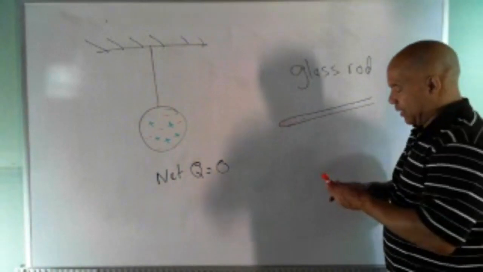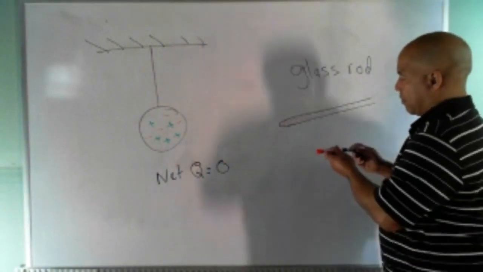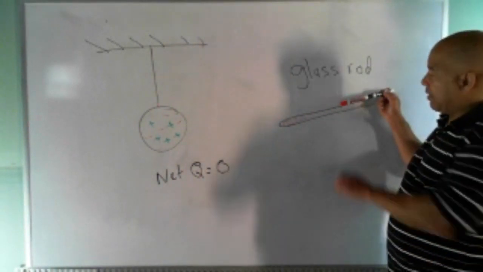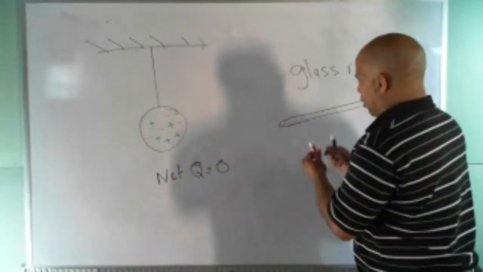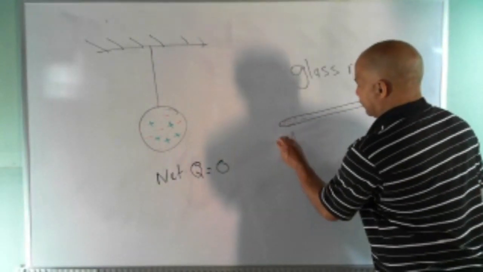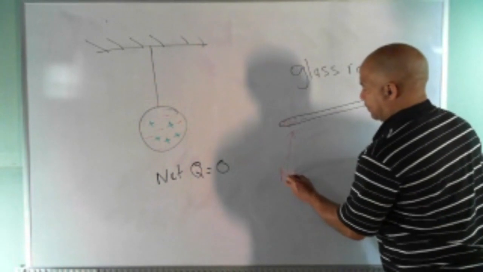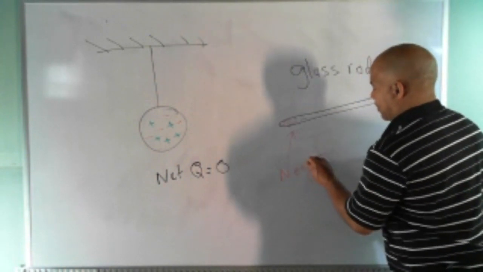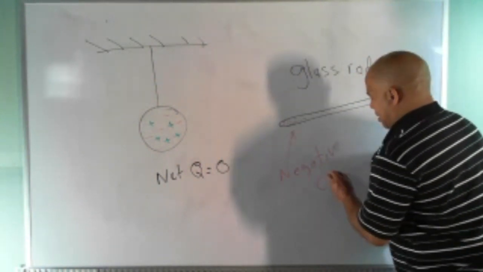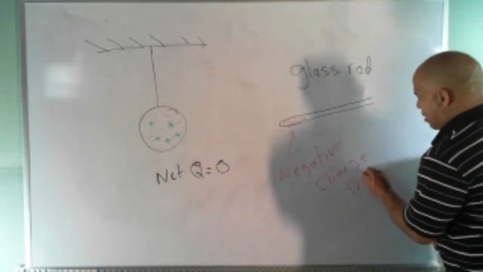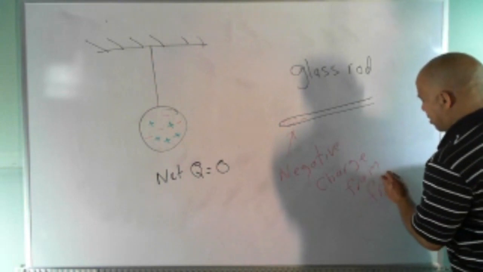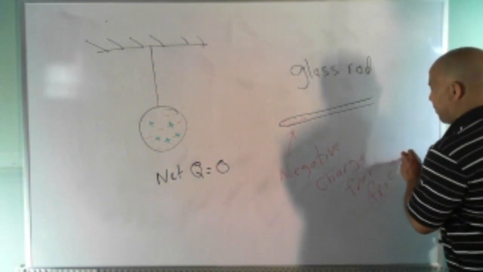So here is my glass rod, and I've rubbed something on it and charged it. I put this negative charge on it from friction. Right?